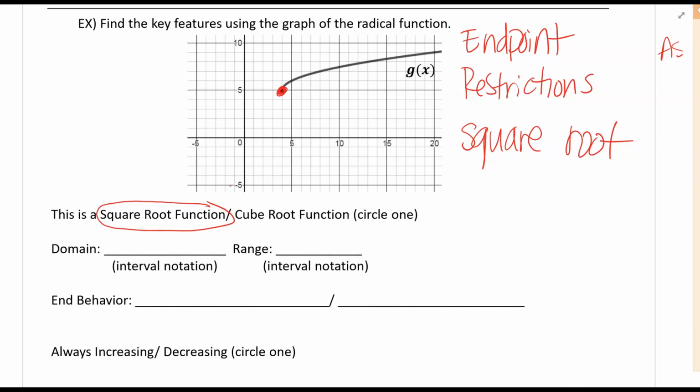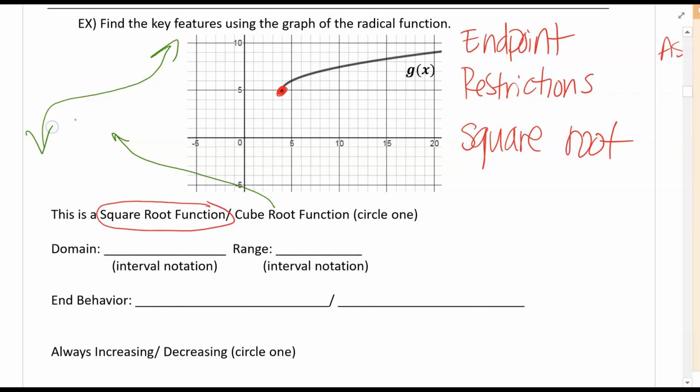Wait, how can you tell if it's a square root or a cube? Again, the endpoint tells me that it's a square root because there's restrictions. It doesn't go on forever in both directions. The cube root is going to look kind of like an S shape.